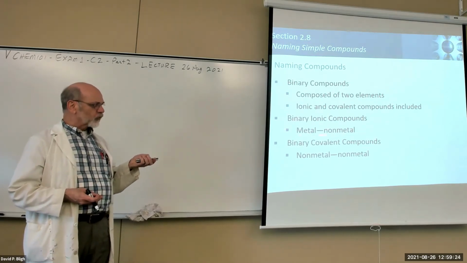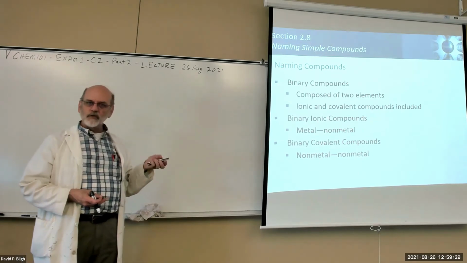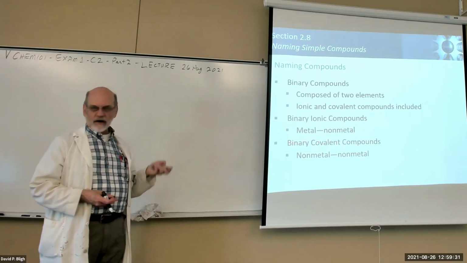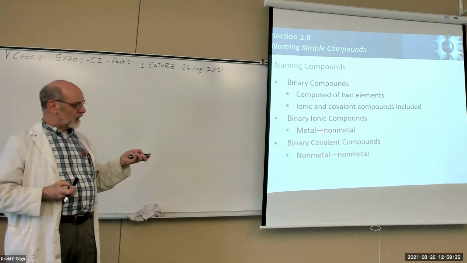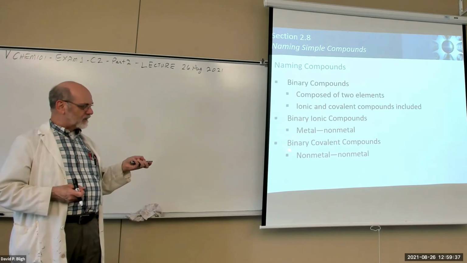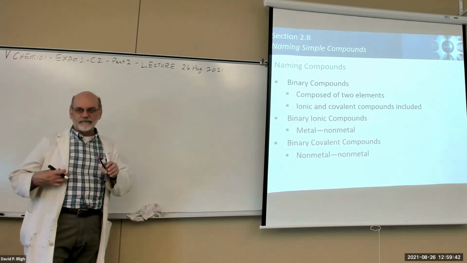Then we're going to use the rules that we learned here to help us construct some new rules for naming covalent compounds. So we're going to borrow from the rules here and name these compounds in a similar fashion, but not exactly the same.